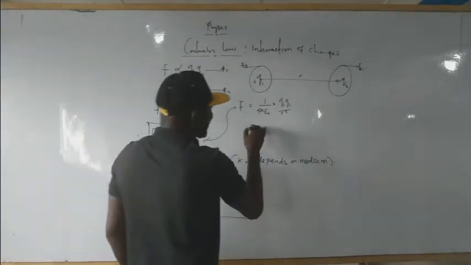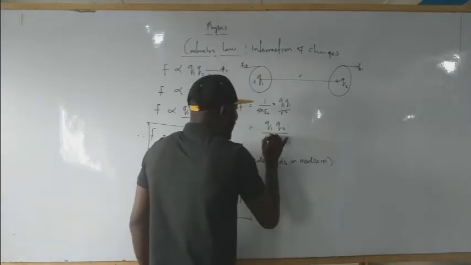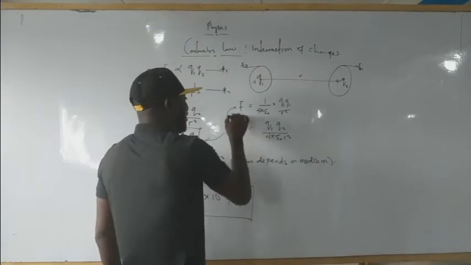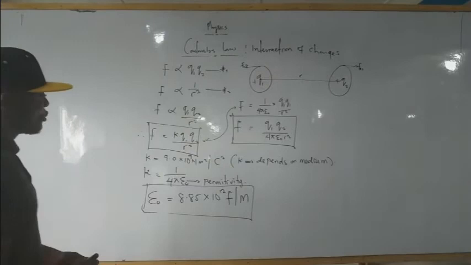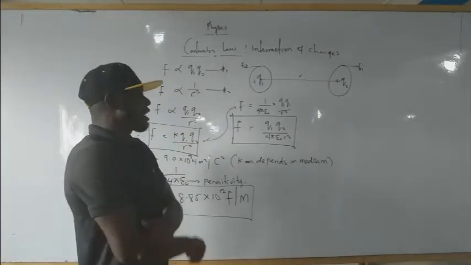So we can have Q1 Q2 over 4 pi epsilon R squared equals F. Okay, so you can also do it this way. Use the first formula or use the second formula.